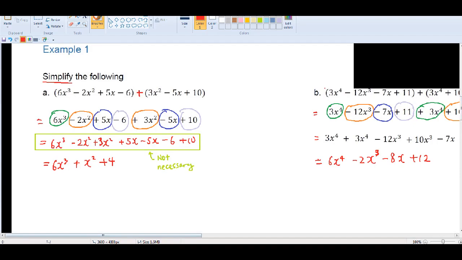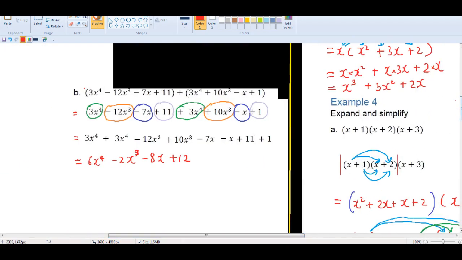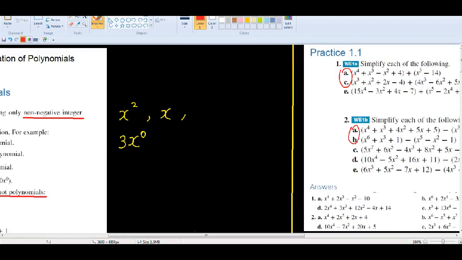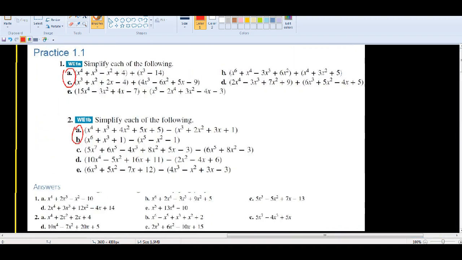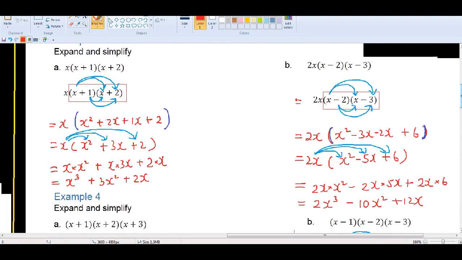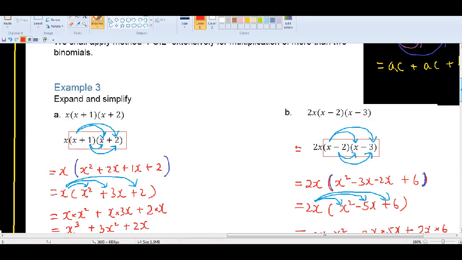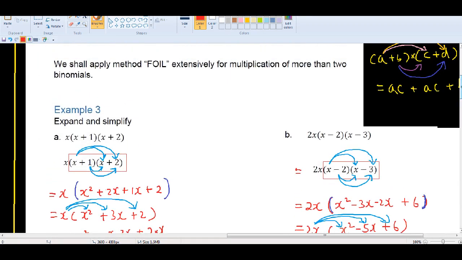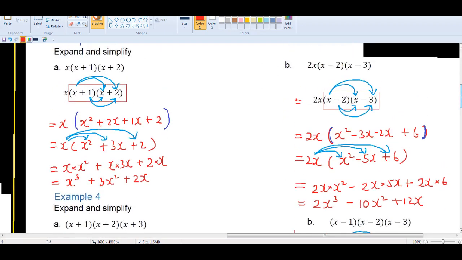Alright, and we have learned the multiplication. The multiplication is the extended use of the FOIL method, but this time you need to do more than just FOIL.